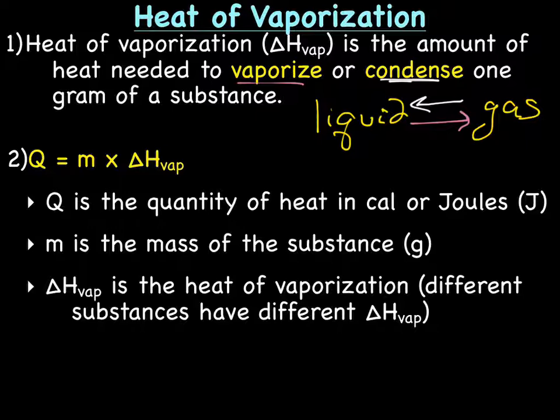M is the mass of the substance in grams, and delta H vaporization is the heat of vaporization, which is a constant, again, for a particular substance. Every substance has its own heat of vaporization, just like every substance has its own heat of fusion.